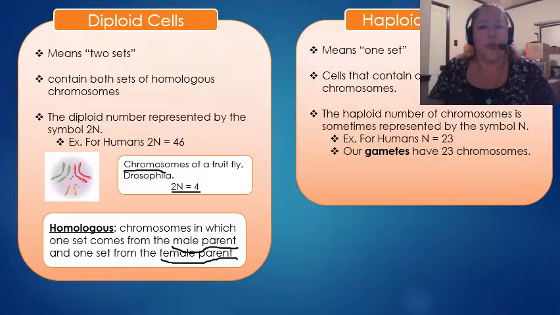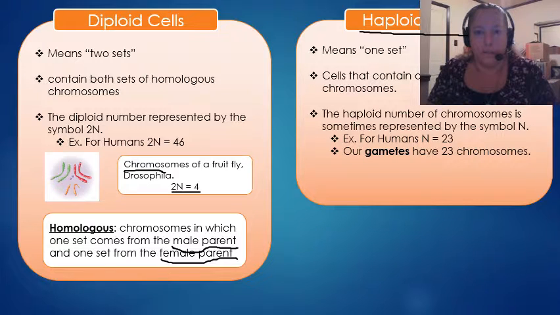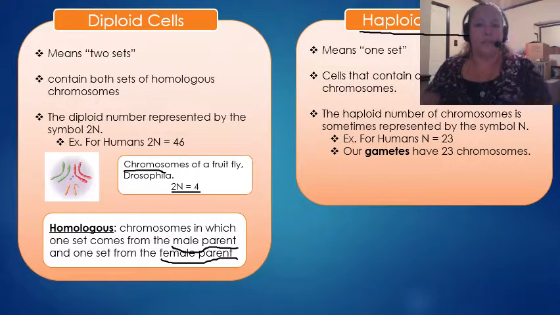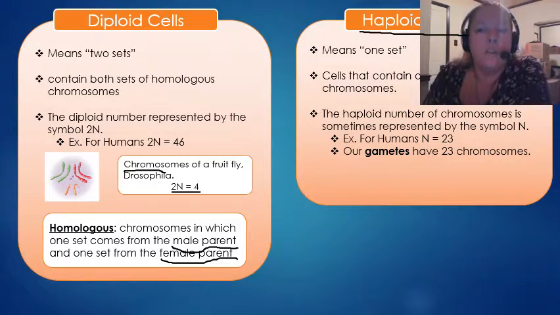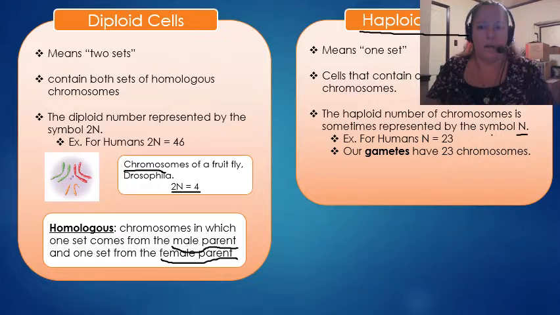Now the term haploid cells is one set. So remember H for half. So cells that contain only a single set of chromosomes. So for humans, the haploid number is represented by the letter n.